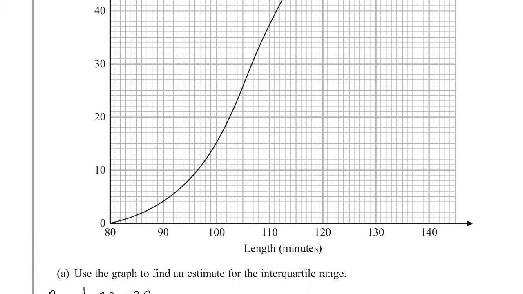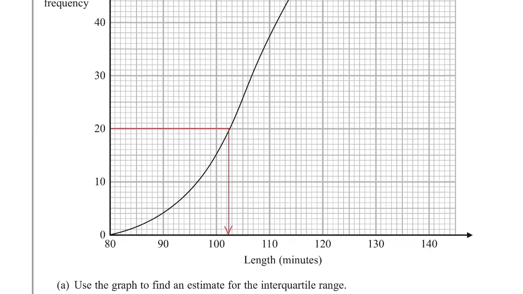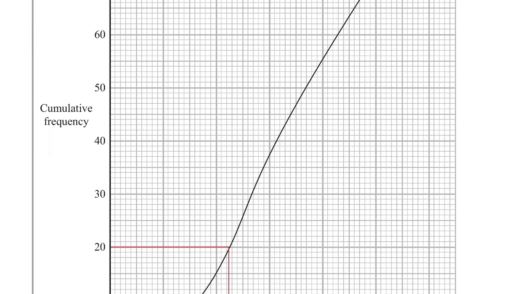So I'm just going to be drawing lines here at 20 to read off the values from the graph here. So that's Q1, and for Q3 we go at 60.